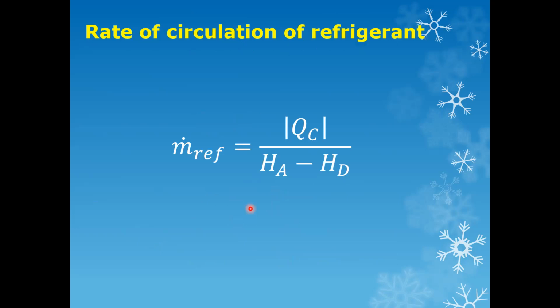If we want to know the mass of the flowing stream, or the mass flow rate of the refrigerant, we just divide QC, if it is in terms of unit time, by the difference in the enthalpy to get the mass flow rate. Okay?